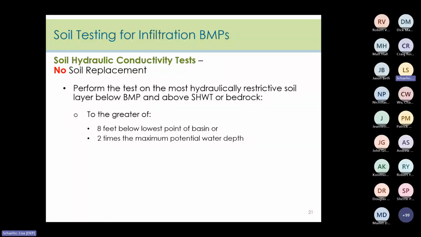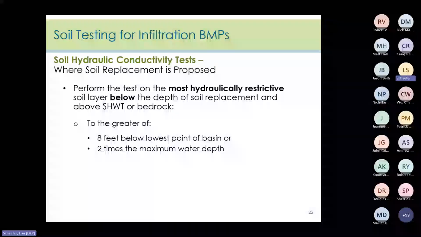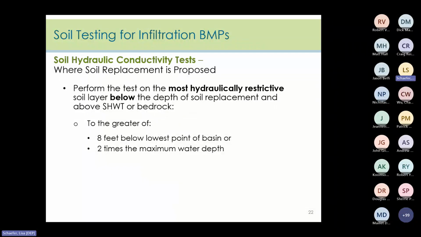That's 8 feet below the lowest elevation of the BMP, or a depth equal to twice the maximum potential water depth in the BMP measured from the lowest elevation of the BMP. If soil replacement is proposed beyond the required layers in the BMP, the depth is measured from the elevation of the bottom of the required sand or soil layer.